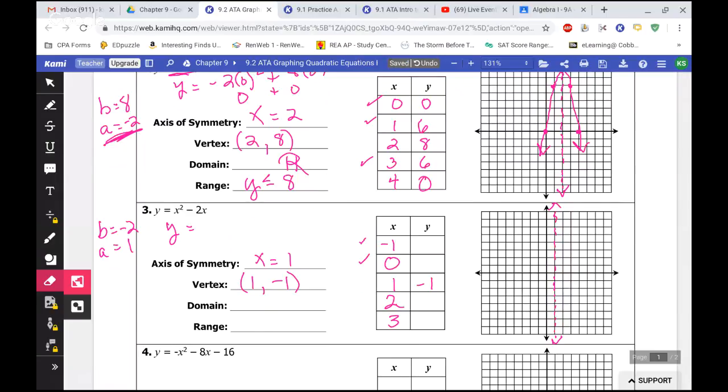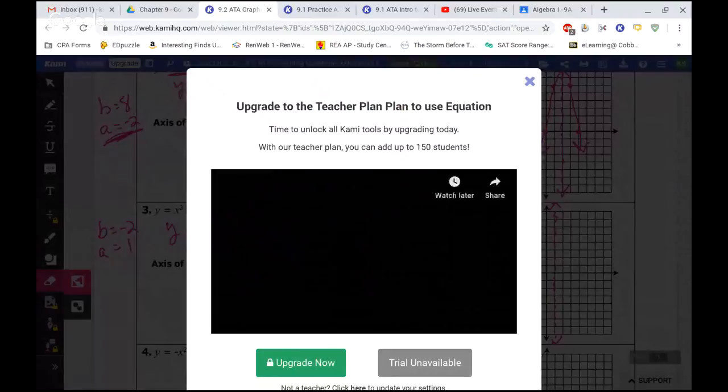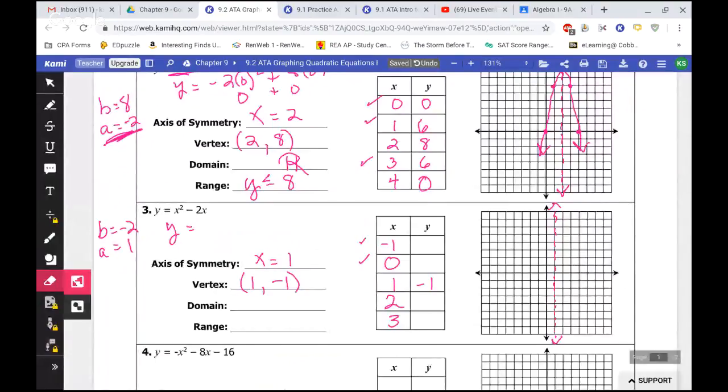Okay, and we'll plug in 0. 0 squared minus 2 times 0. So 0 minus 0, that's 0. All right, so now let's plug in -1.